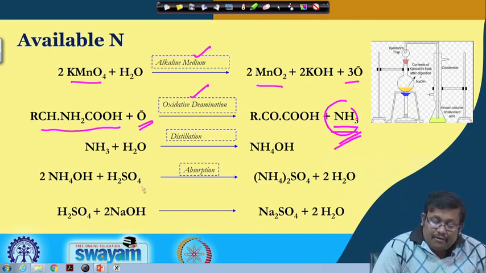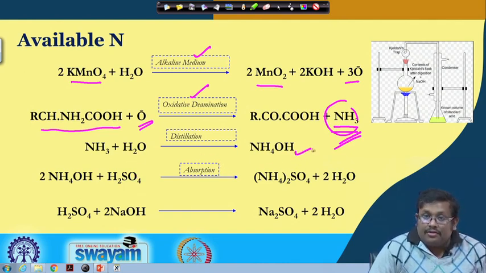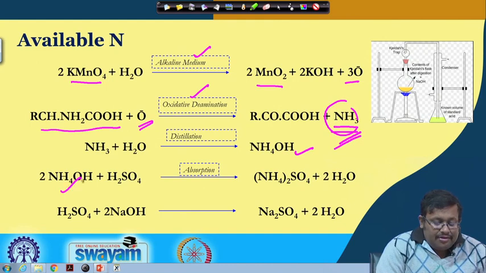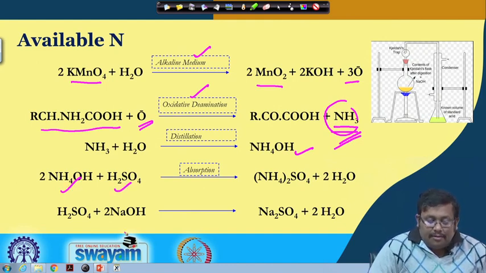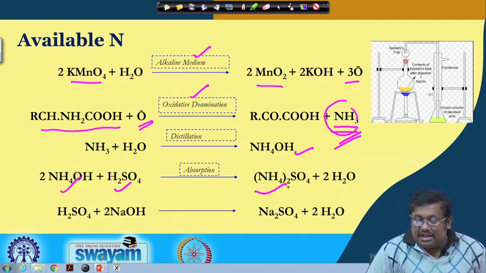Now this ammonia will be further distilled to form ammonium hydroxide, and this ammonium hydroxide will be absorbed by a standard acid, that is H2SO4, to produce ammonium sulfate, and this is called the absorption step.